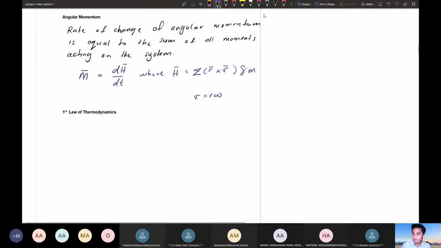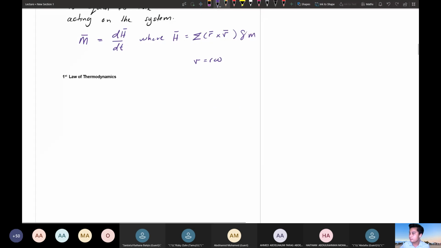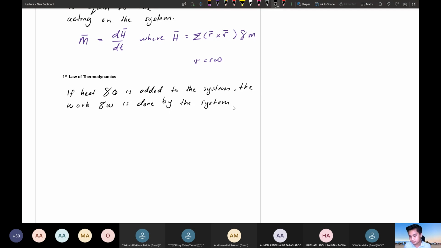And then finally it is the first law of thermodynamics. If the change of heat Q is added to the system, and the change of work is done by the system, therefore dE, the change of energy, must change.